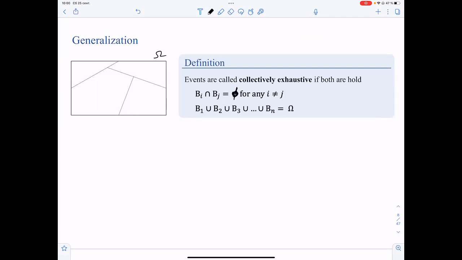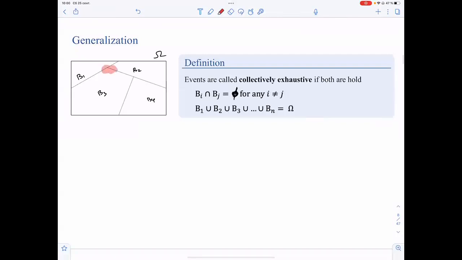Good. Let's say that here I have B1, B2, B3, and here I have B4. So we say that we may split the population into a list of non-intersected sub-events.